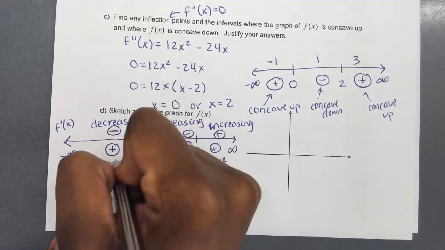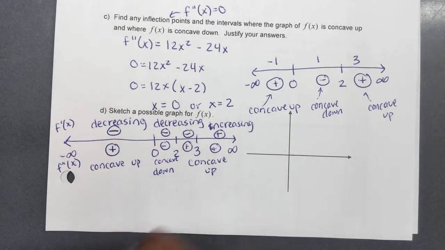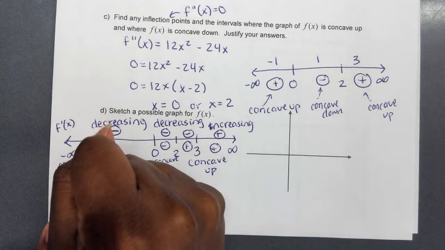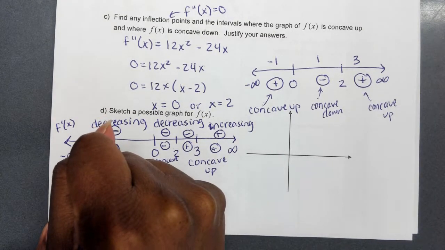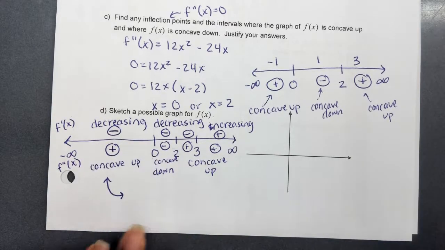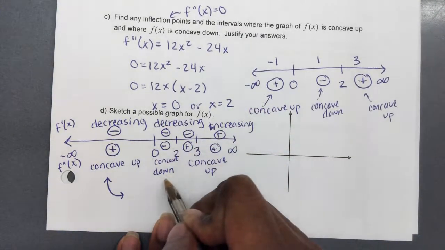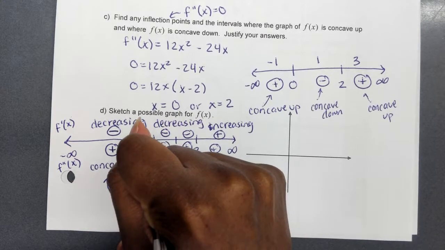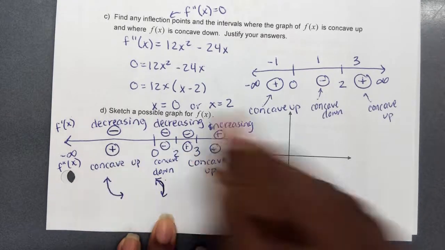So if we're decreasing and concave up, we know that our graph should look like so. Now if we're decreasing and concave down, then our graph will look like this.